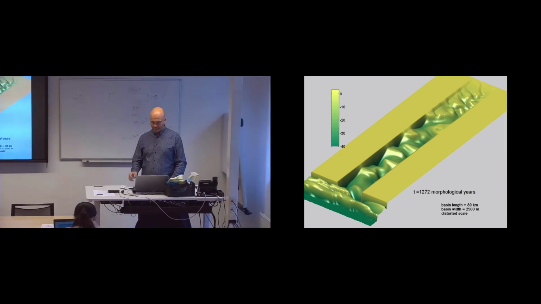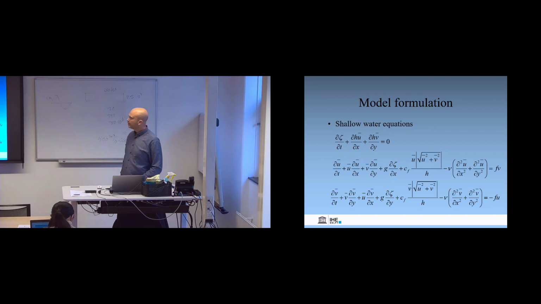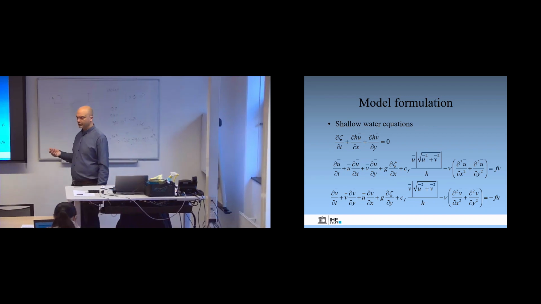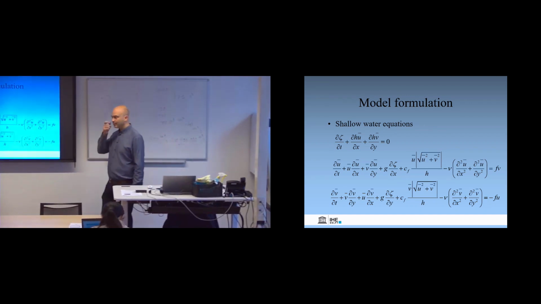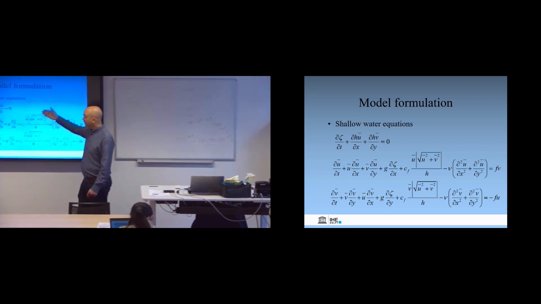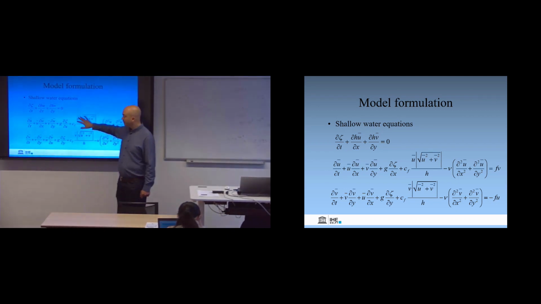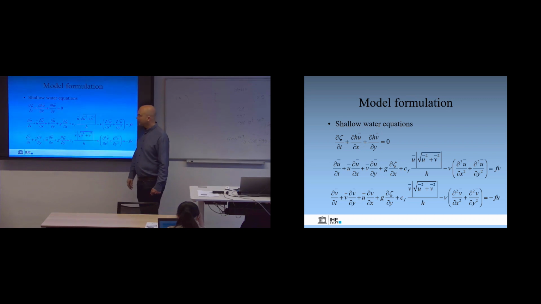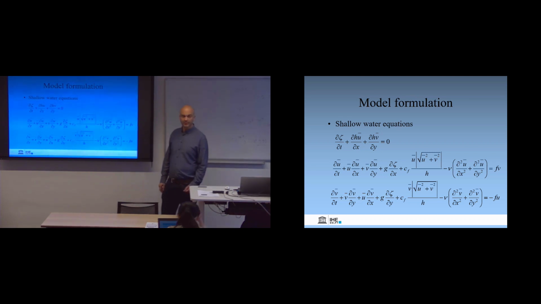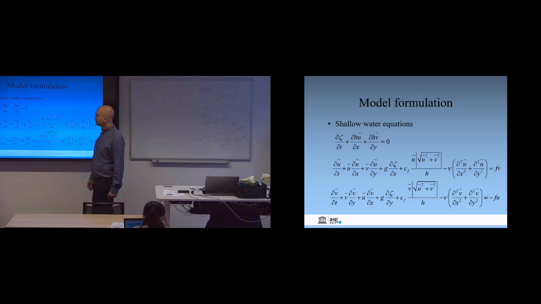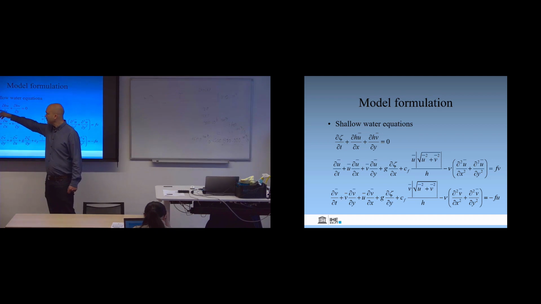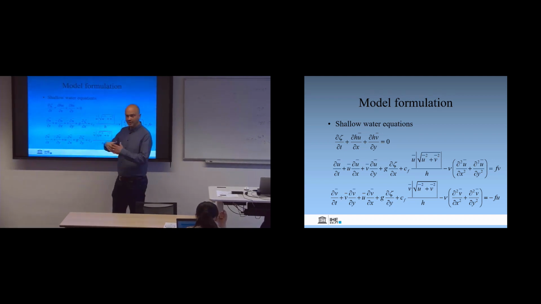So what is Delft3D doing? I think Professor Rolfing yesterday explained that to you a little bit. That is the mass balance equation and the two momentum balance equations in x and y direction. Where this is saying if the water level changes, there must be also a change in velocity.